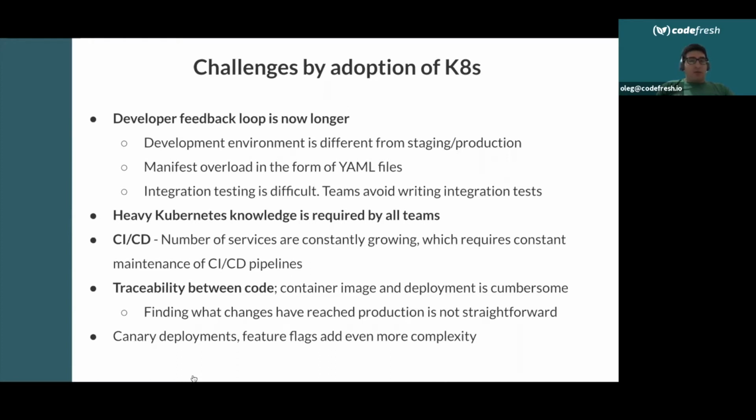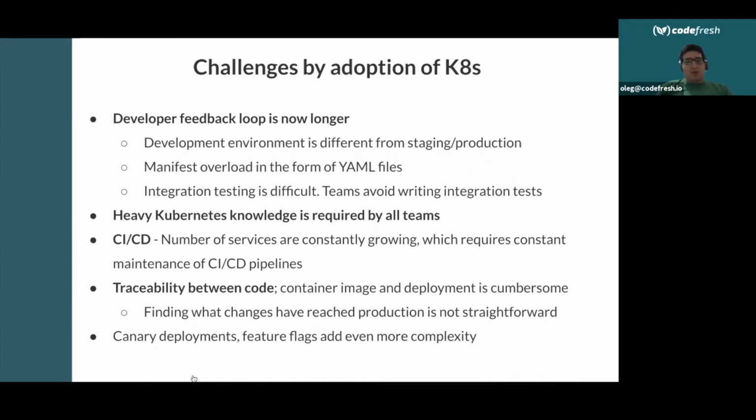The developer feedback loop is now longer. Surprising, right? Everything should be automated, well defined, declarative, and still the developer feedback loop is longer, and it means that he's more and more surprised. Developers need to wait more and more time until they understand that their code is okay.